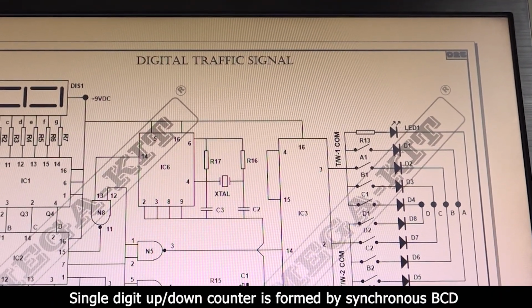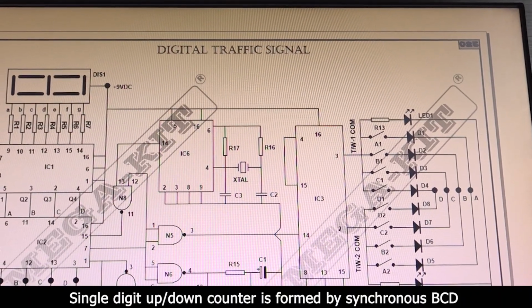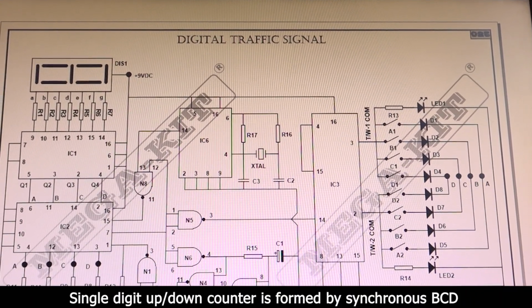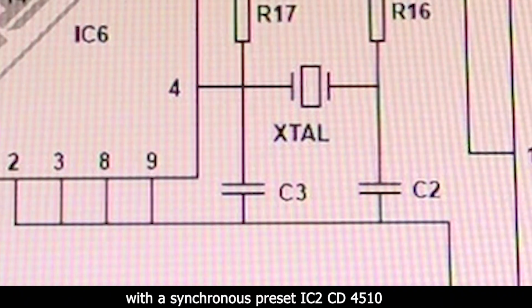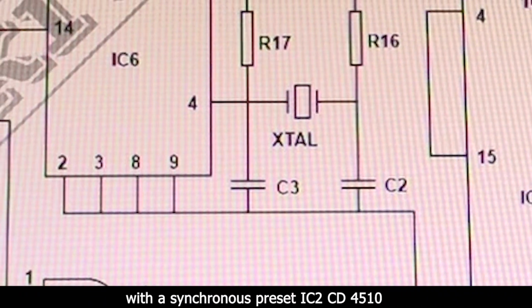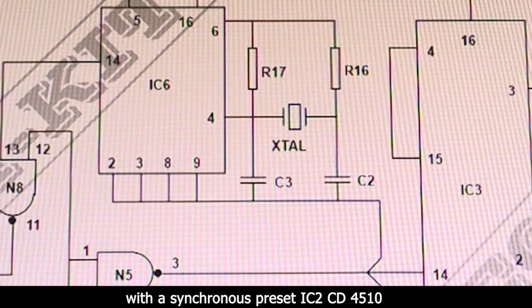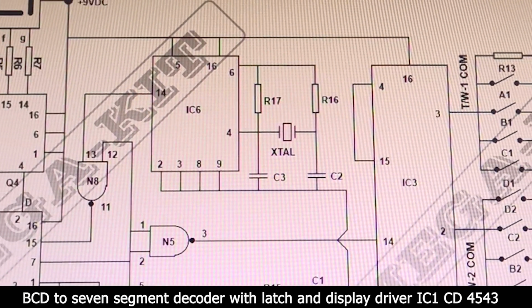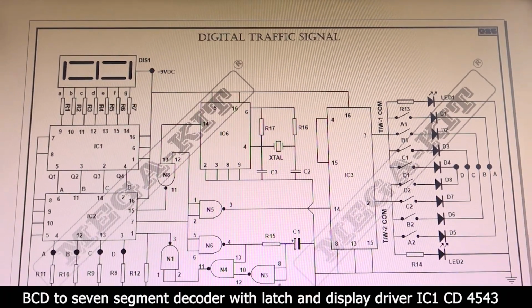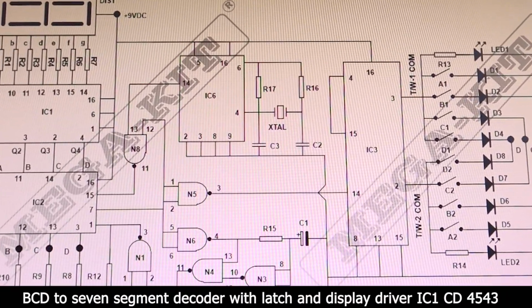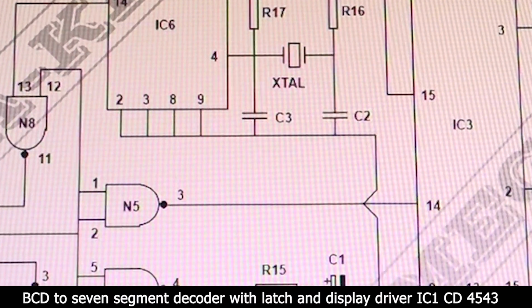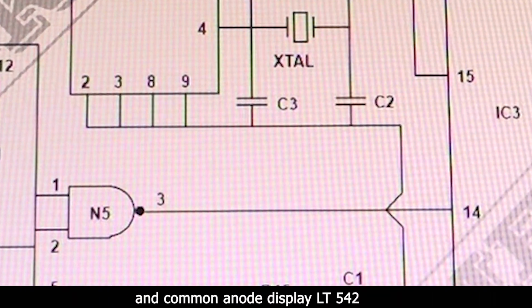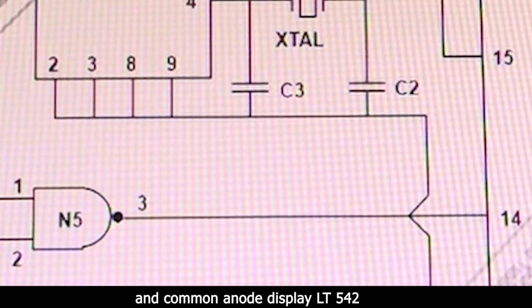Single digit up-down counter is formed by synchronous BCD up-down counter with a synchronous preset IC2 CD4510, BCD to 7 segment decoder with latch and display driver IC1 CD4543, and common anode display LT542.